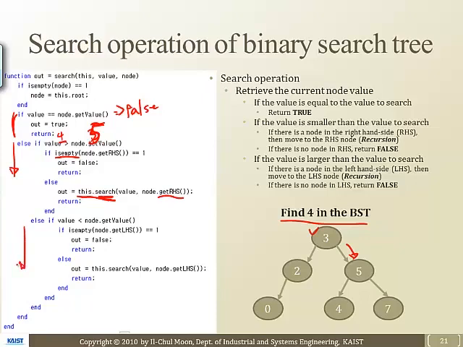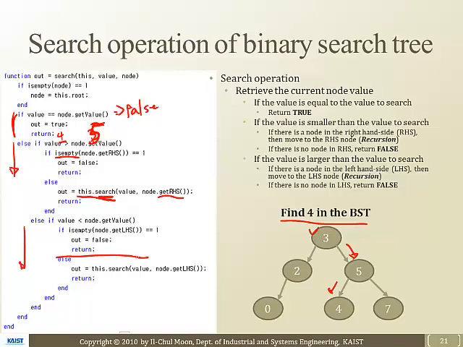We have to go to this else statement, and then in this if structure, we have to go to the left-hand side because 4 is smaller than 5. And if the left-hand side was not storing anything, it means that 4 is not in this tree structure.